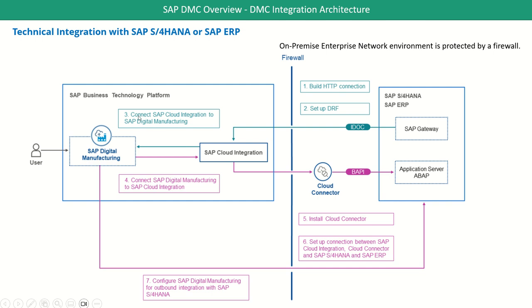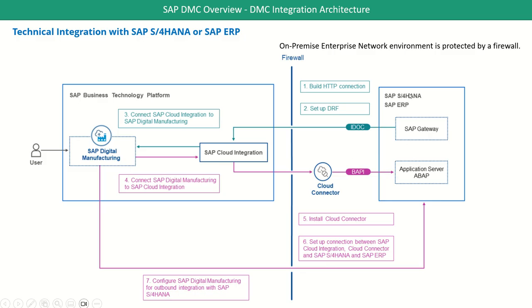In step three, we are connecting SAP Cloud Integration to SAP Digital Manufacturing, and from Digital Manufacturing to SAP Cloud Integration. After integrating cloud Digital Manufacturing to Cloud Integration, it will then be integrated to S4 HANA. So in the middle, SAP Cloud Integration, SAP CPI, should be there for the integration between SAP DM and S4 HANA.